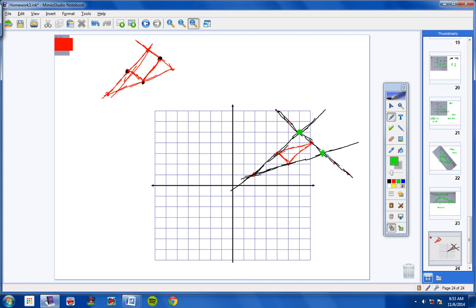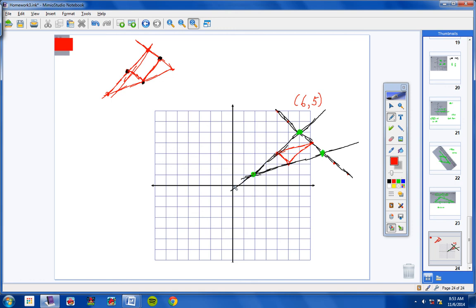1, 2, 3. So this point here would be over 6 and up 5. So 6, comma 5. Now, this point here, right here, would be over 2, and then up 1.